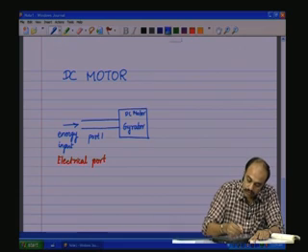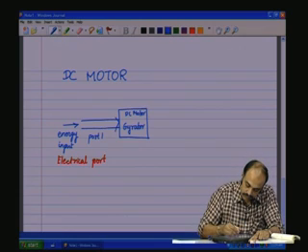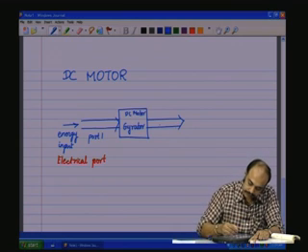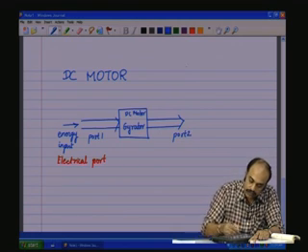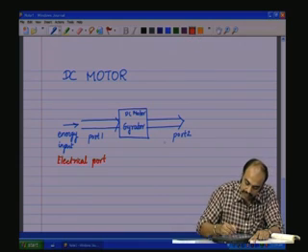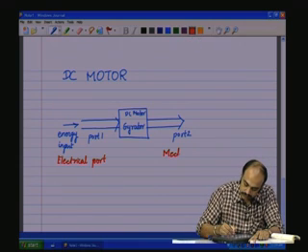And then the other port, through which the energy flows out, port 2, is the mechanical port. So, this is the port in the mechanical domain.